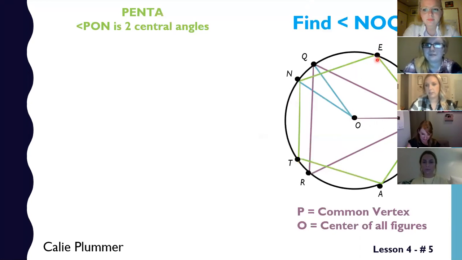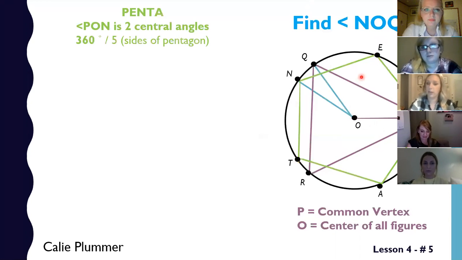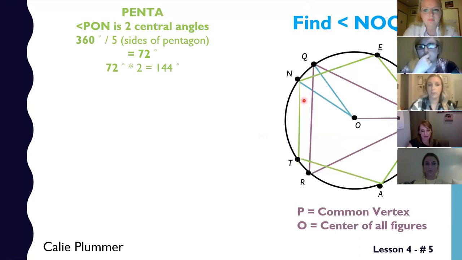To find a central angle, you take 360 divided by 5, the number of sides of a pentagon, and one central angle is 72 degrees. Multiply that by 2 because angle PON is the equivalent of 2, and we get 144 degrees. So angle PON is equal to 144 degrees.